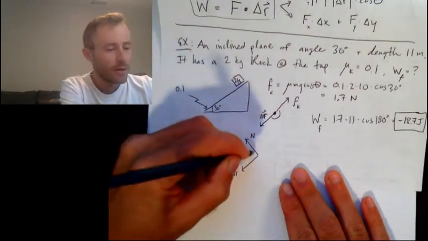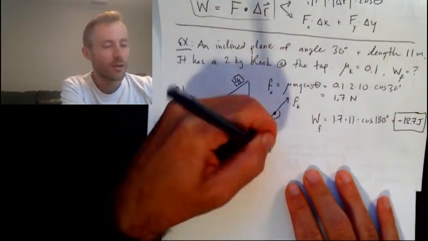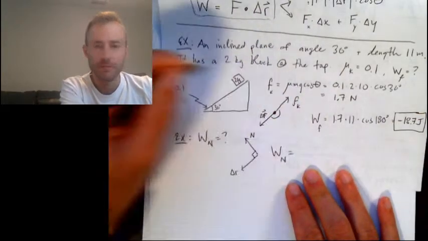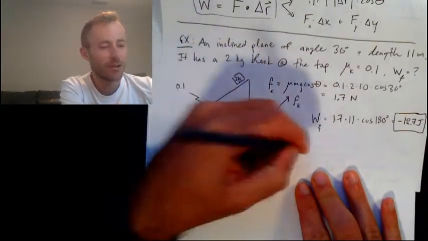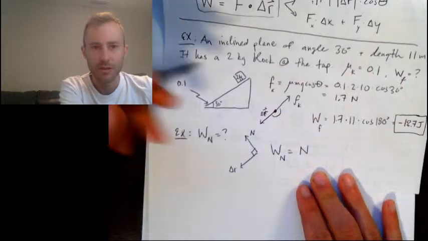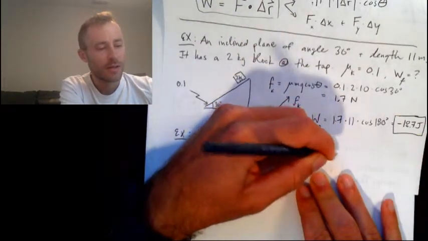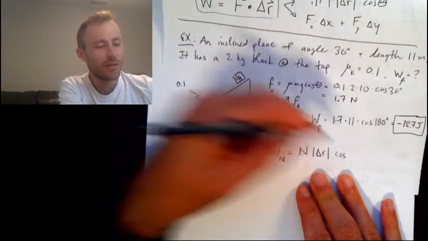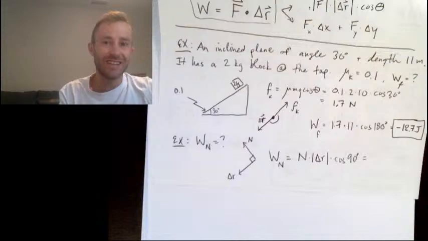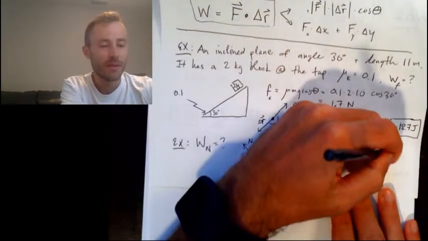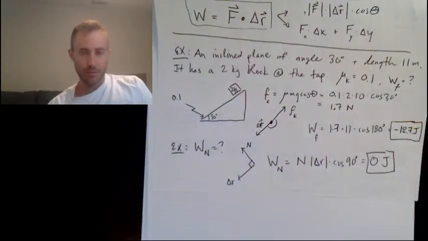So that's a right angle. The work done by the normal force is the magnitude of the normal force, which doesn't matter what it is, times the size of the displacement, times the cosine of 90 degrees, which is 0. So the work done by the normal force is 0 joules.